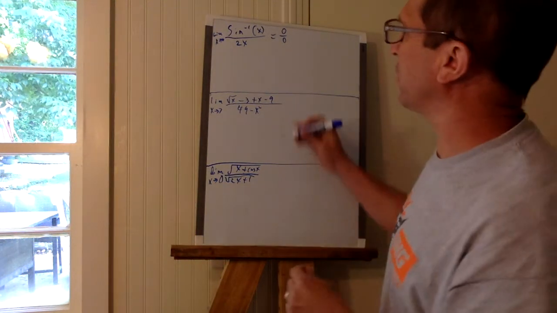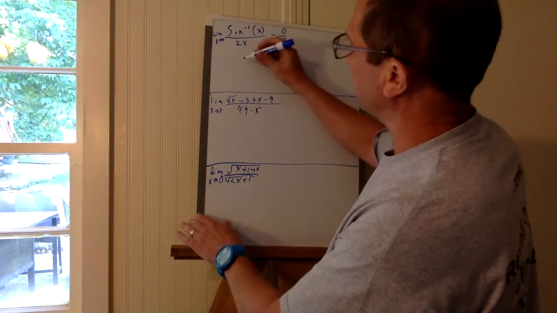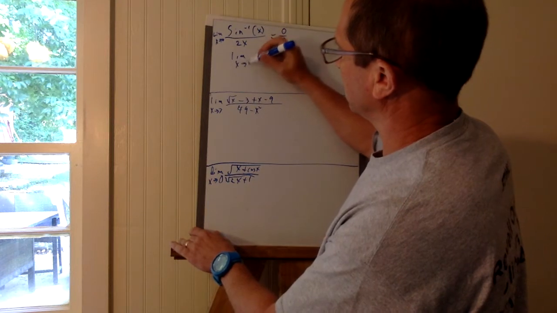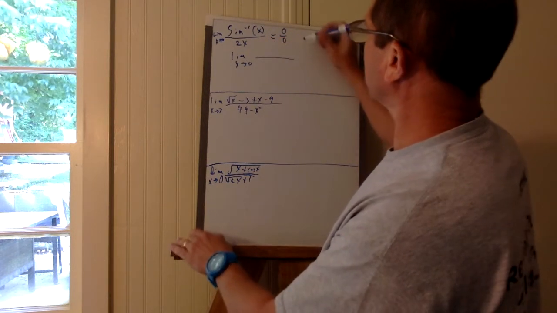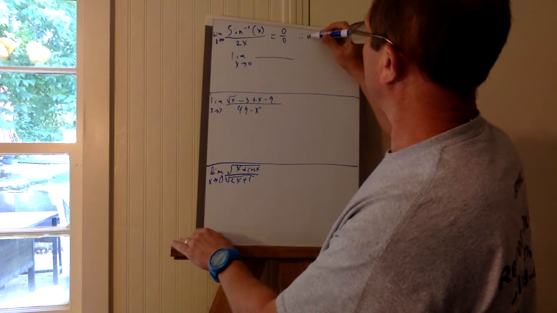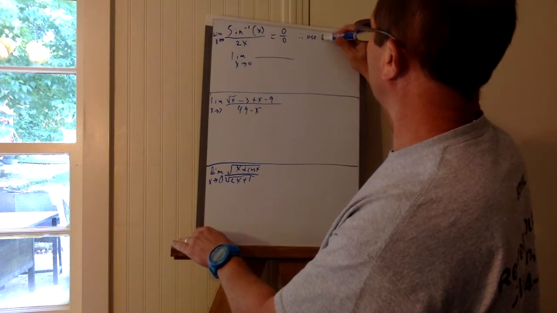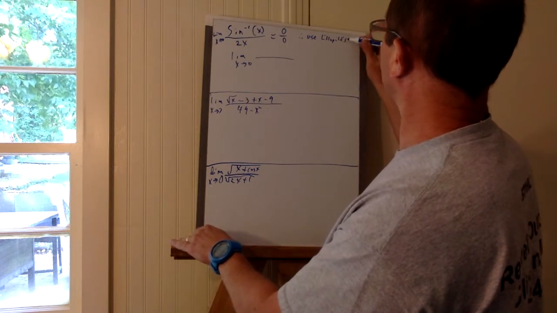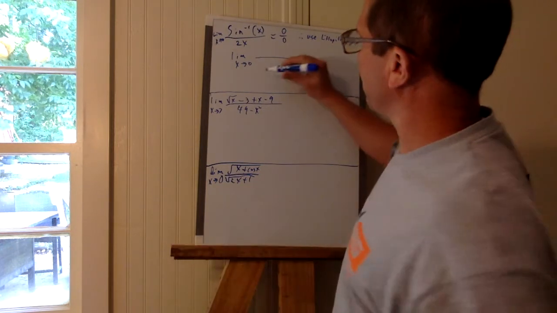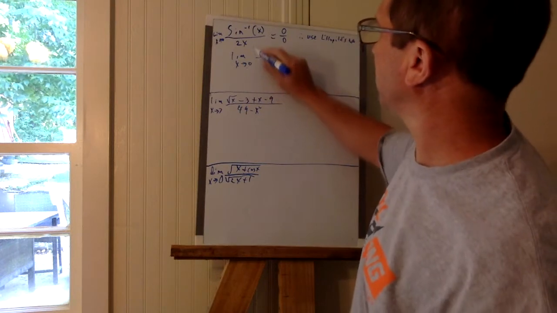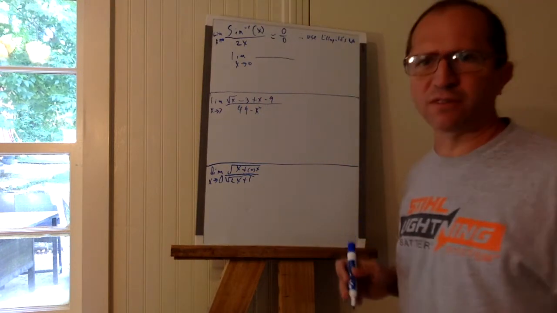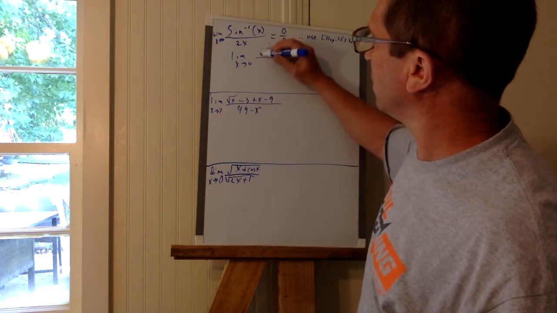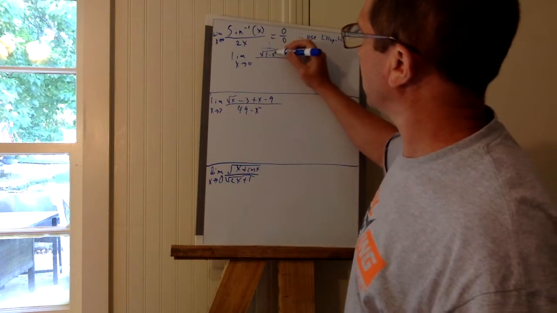Well, the derivative of sine inverse of x, and I'm going to put therefore use L'Hopital's rule. So the limit as x approaches 0 of, the derivative of sine inverse of x is 1 over the square root of 1 minus x squared.